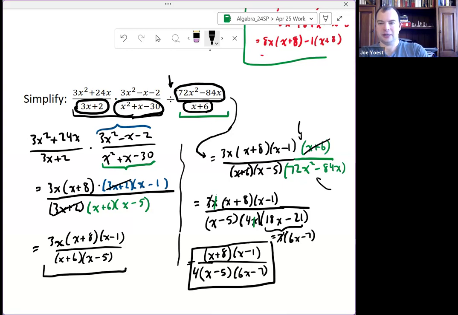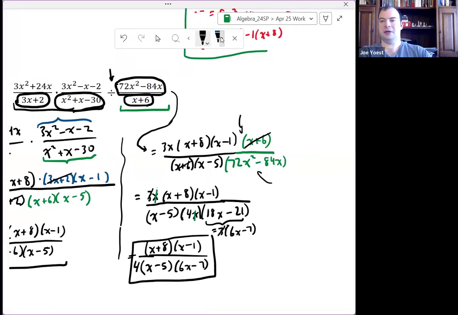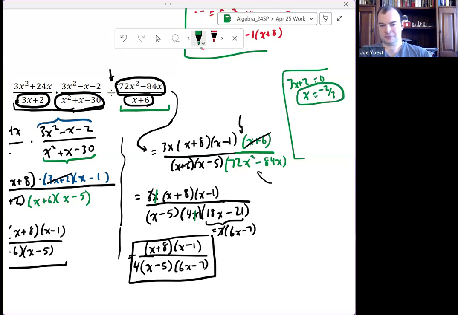So I have 4 equations to solve for my restricted values. So let's just come over here off to the side. When is 3x plus 2 equals 0? That's when x equals negative 2/3. So I can't have negative 2/3.